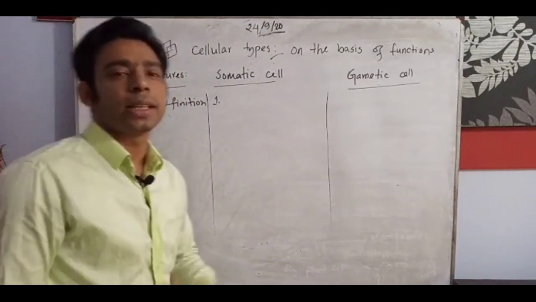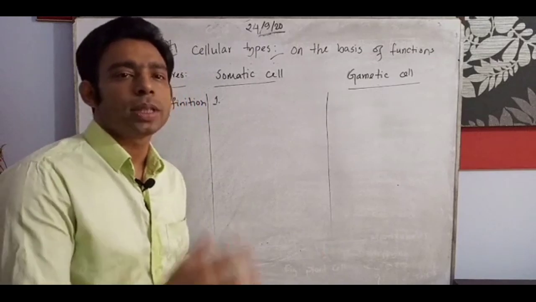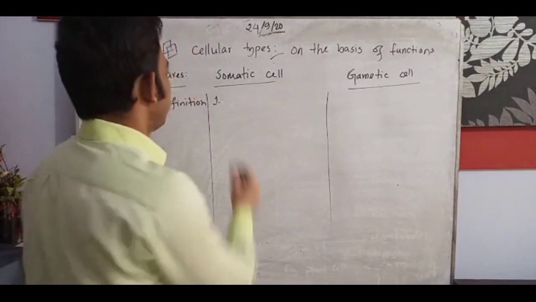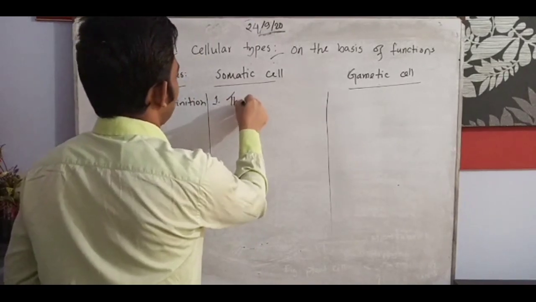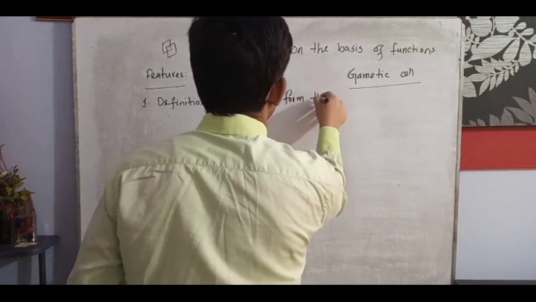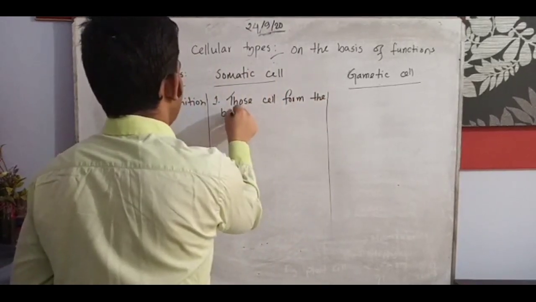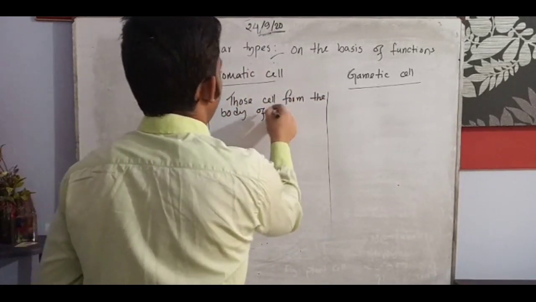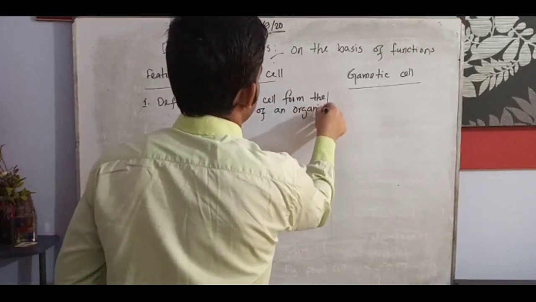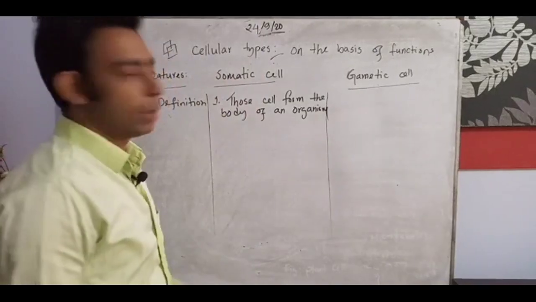Somatic cell is actually the body cell. Those cells that form the body of an organism are called somatic cells.